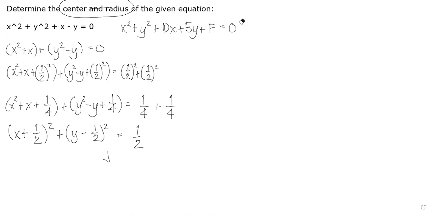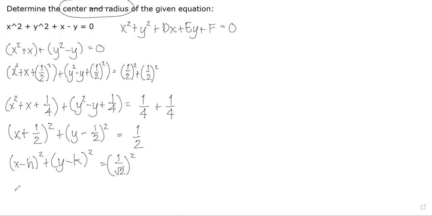Okay, this is x minus h squared plus y minus k squared, and that is equal to 1 over square root of 2 squared, diba? Kasi 1 squared, that is 1, then square root of 2 squared, that is just 2.